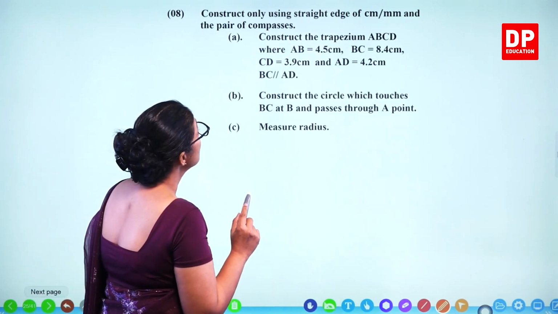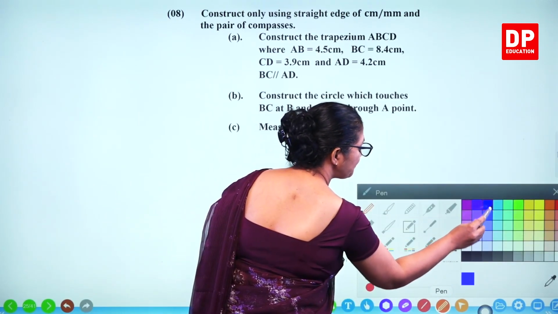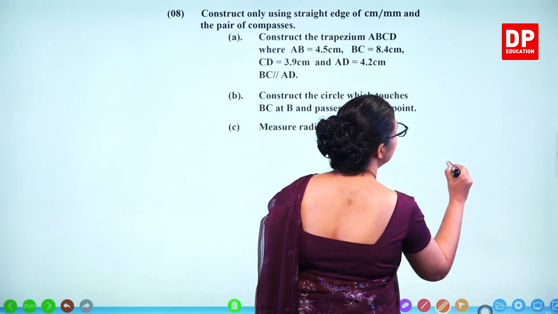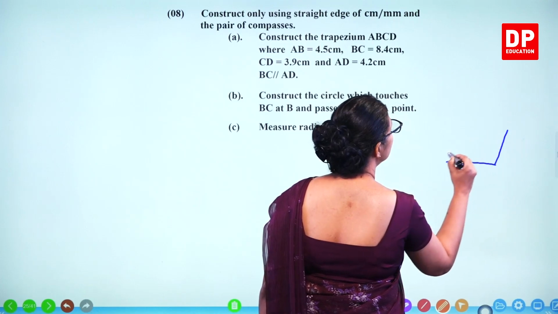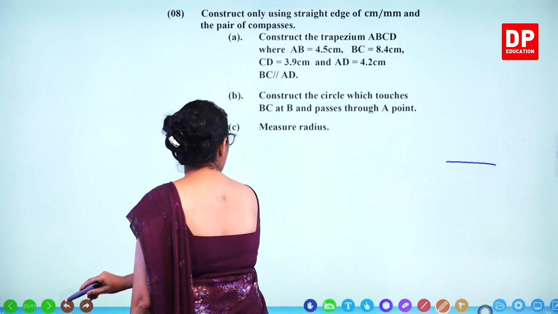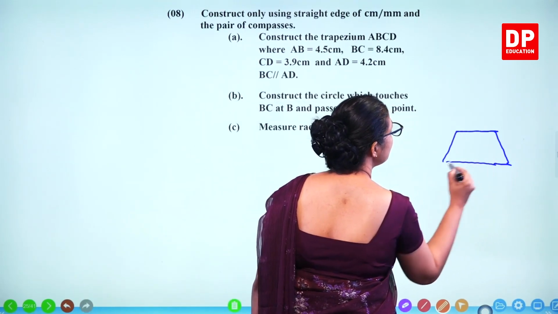So this is a trapezium. So we will sketch the diagram. ABCD. So we don't know the shape. We'll just take a trapezium like this.